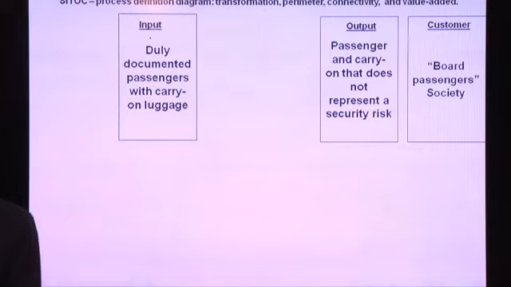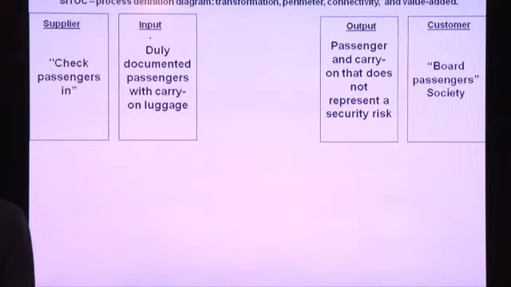Starting from duly documented passengers with carry-on luggage whose risk is unassessed. Where do we get these passengers from? Well, from the previous process, the previous filter in the 5 filter series. Check passengers in.